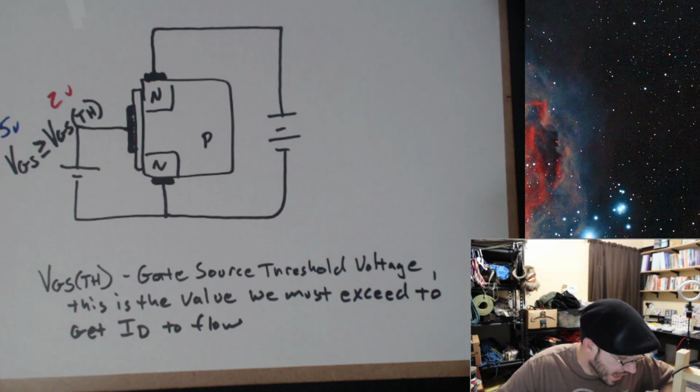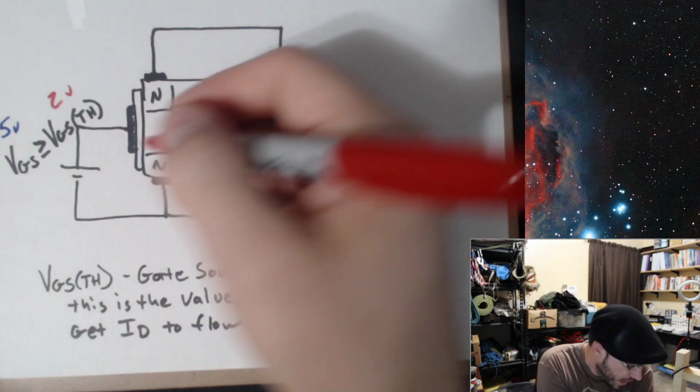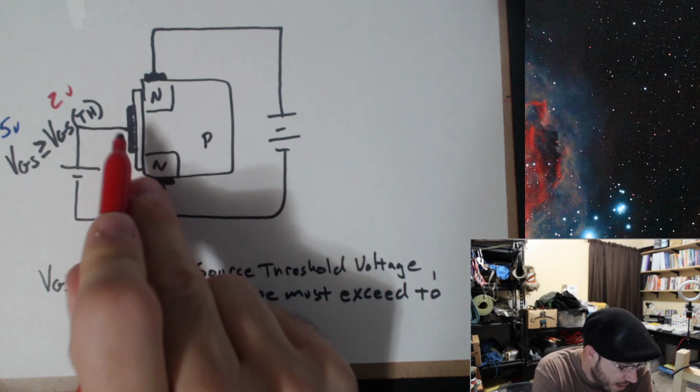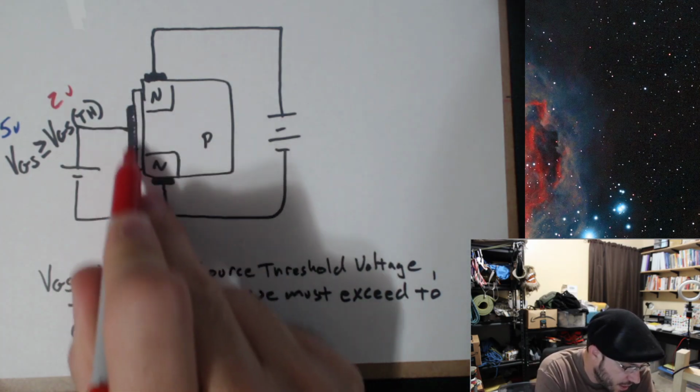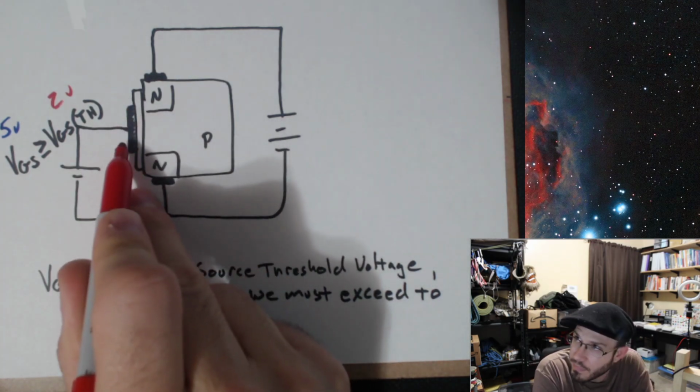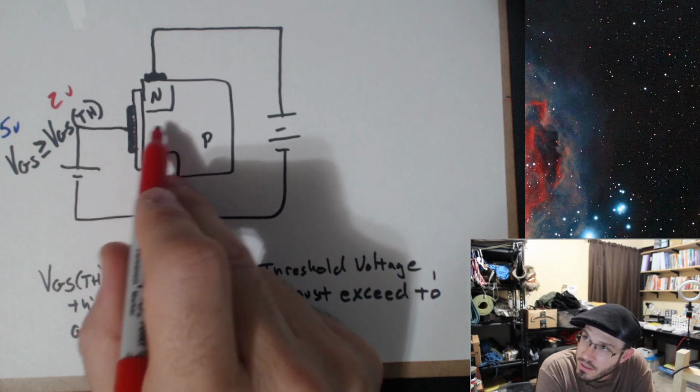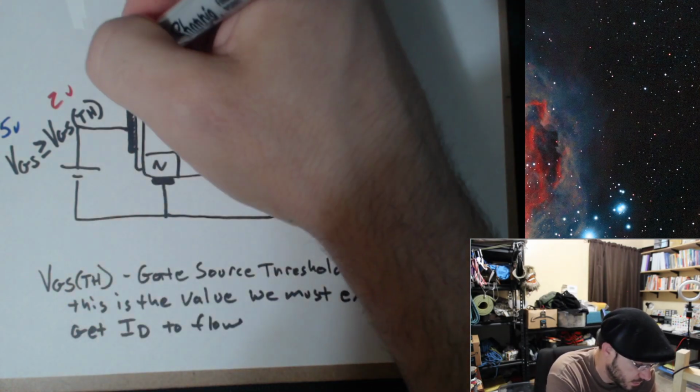Well, what is it that starts happening? Well, we are placing a positive voltage on this conductor right here. However, notice this is an insulator.